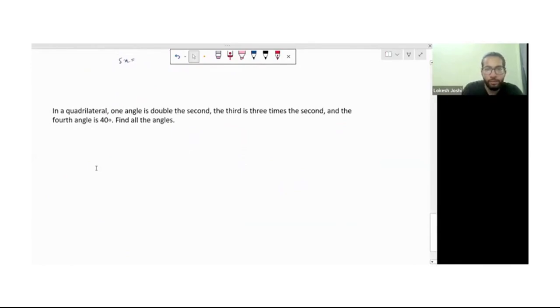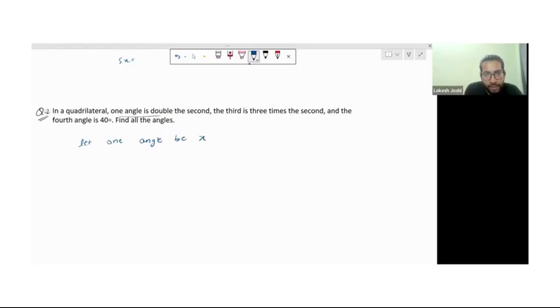Now this is question number 2. In a quadrilateral, one angle is double the second, the third is 3 times the second, and the fourth angle is 40. So what is given? First of all, we will let one angle be x.